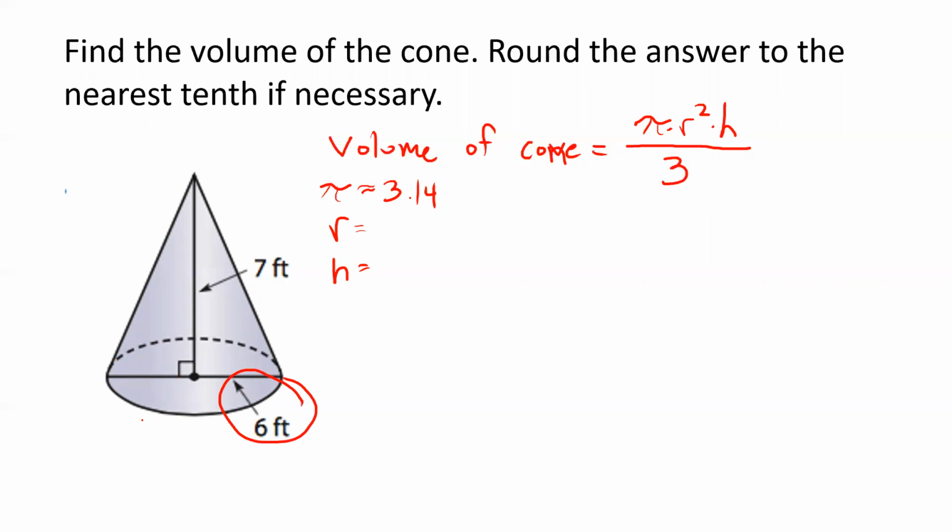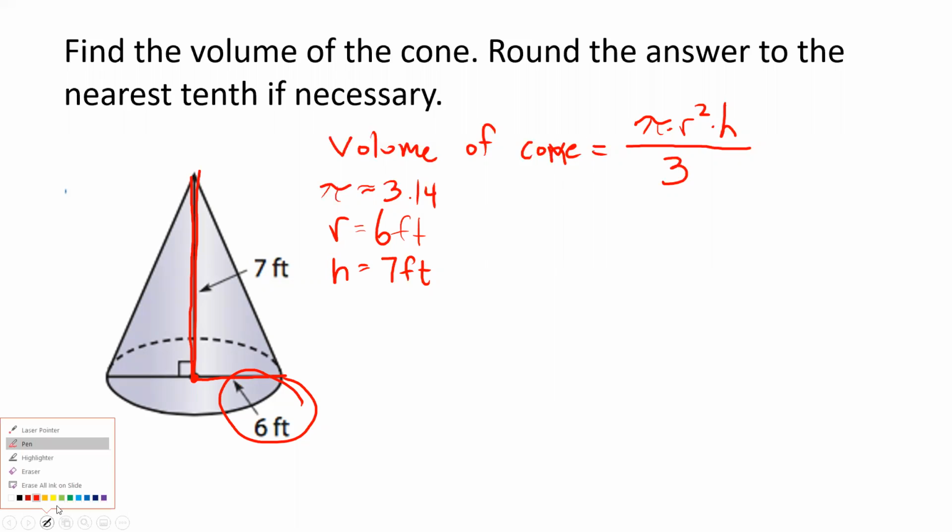It's pointing to the circular shape at the bottom, from the center to the outside of that circle. So our R is equal to 6 feet. Our H is the height of that cone, which is 7 feet.